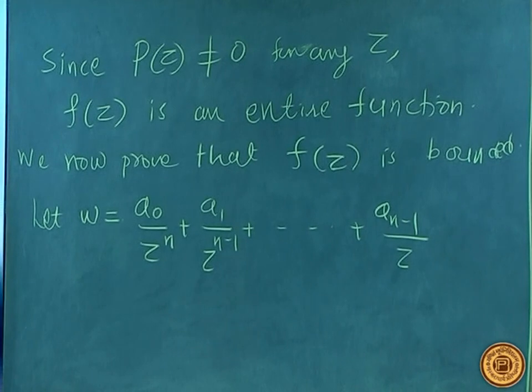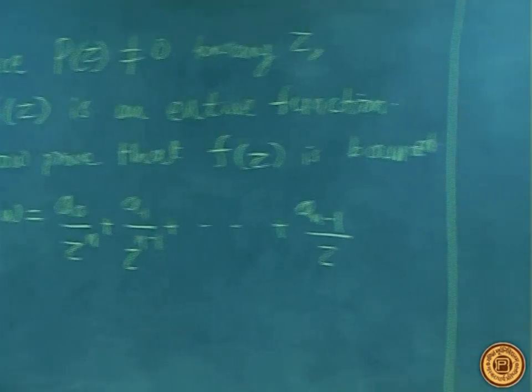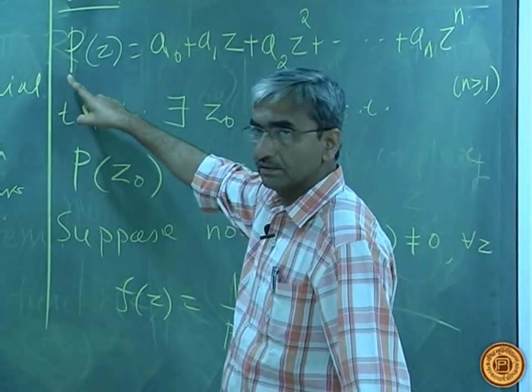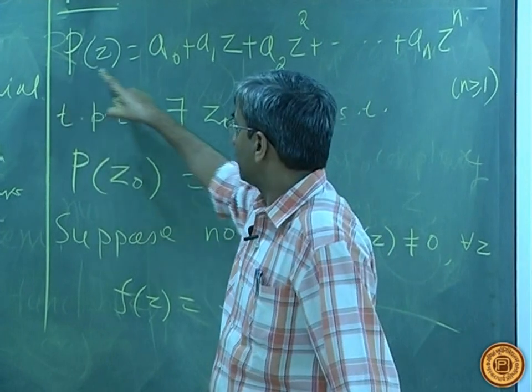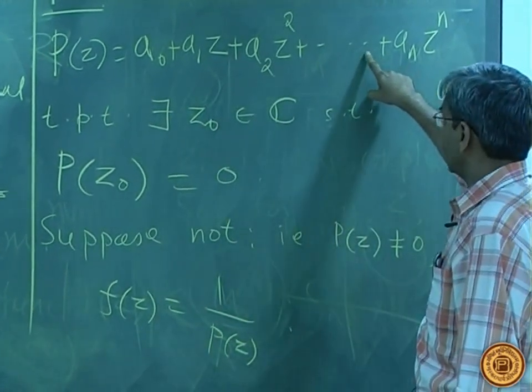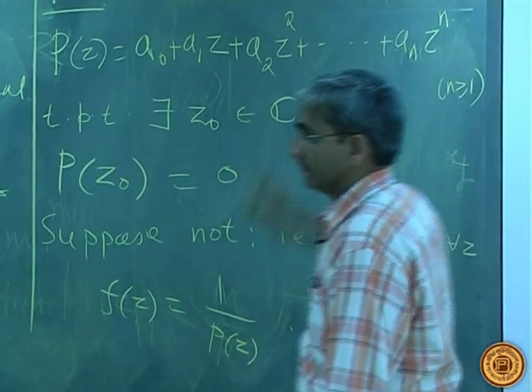So how do you relate w to P(z)? If you divide by z to the power n throughout, P(z) upon z to the power n, you will get w plus an.